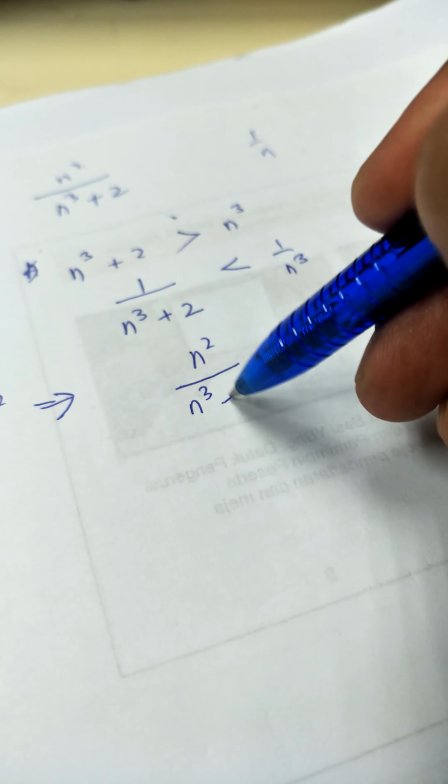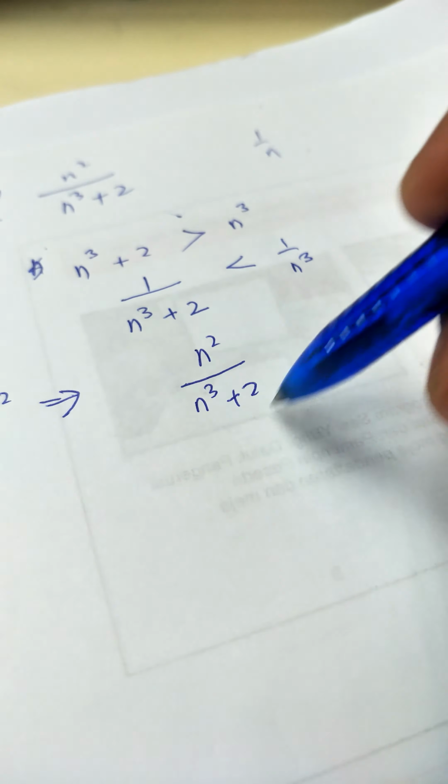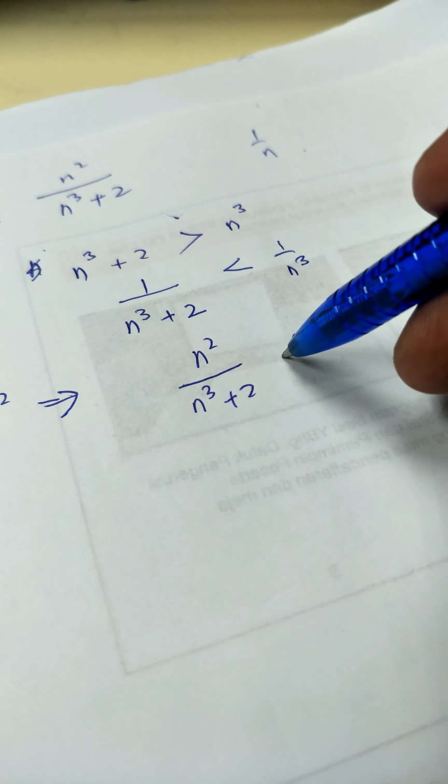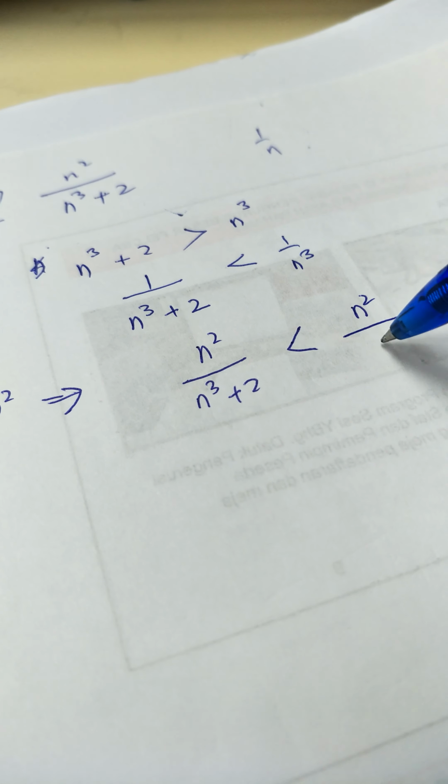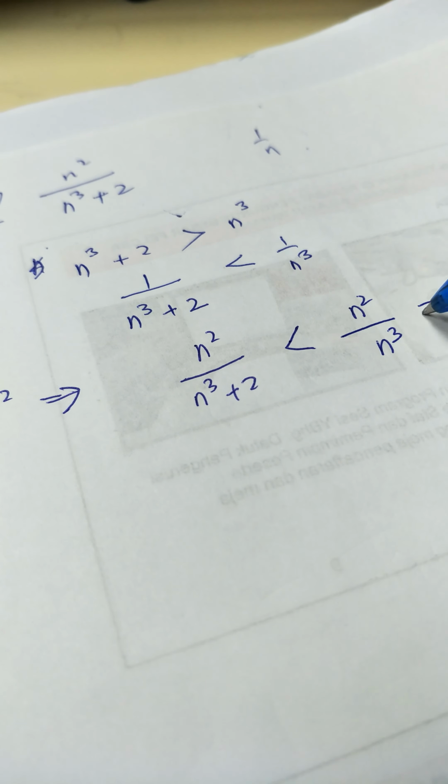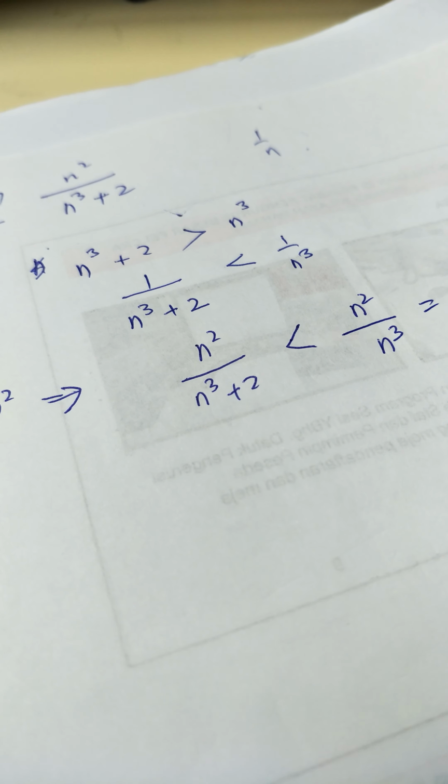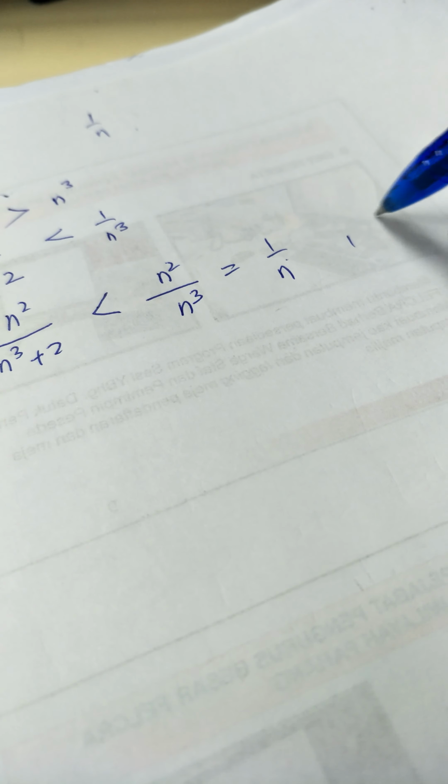If we multiply by n squared, we have n squared over n cubed plus 2 less than n squared over n cubed, which on the right-hand side equals 1 over n. And we know that the series 1 over n diverges.